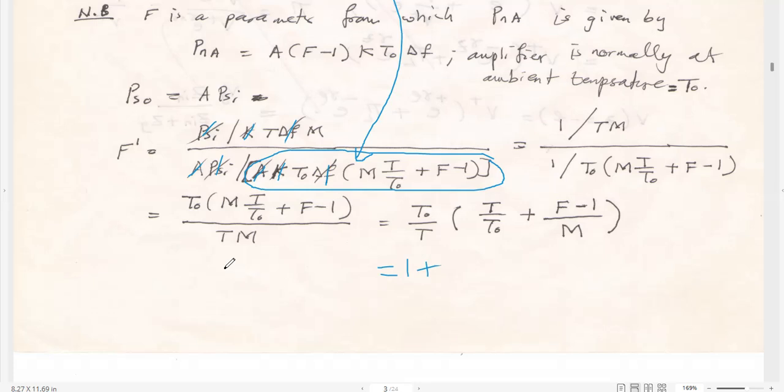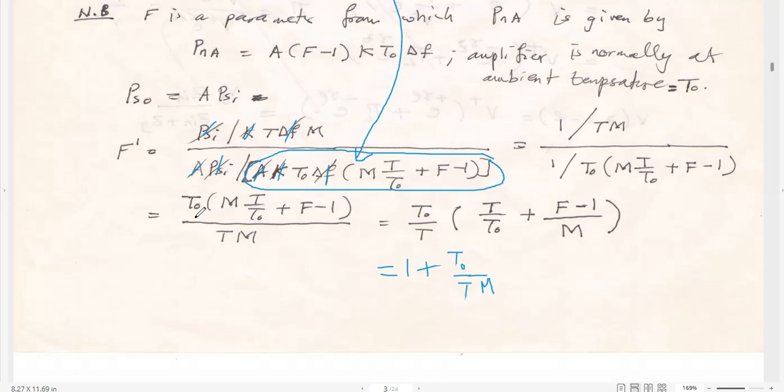plus, this T naught cancels with T naught here, and T with T, and M with M, plus T naught over T, over M. Also there is M in the numerator and in the denominator.